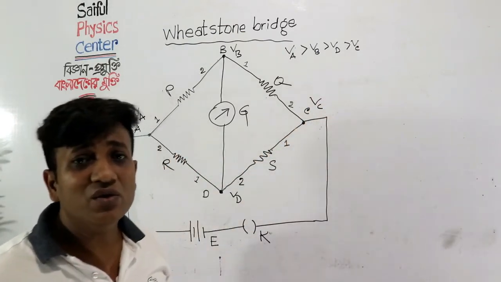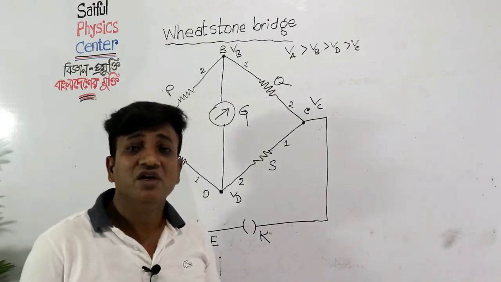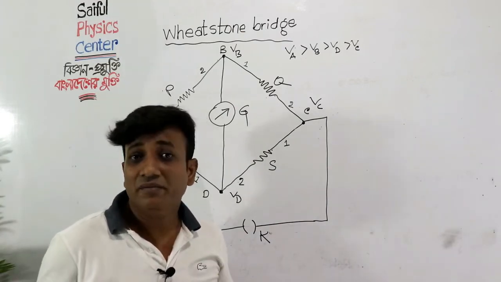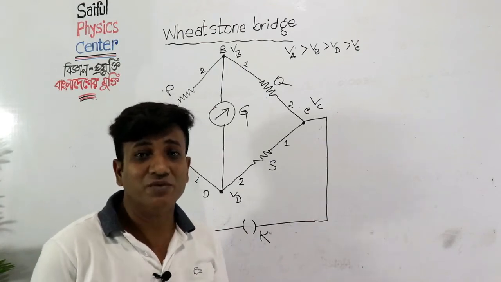And we know current always flows from higher potential to lower potential.